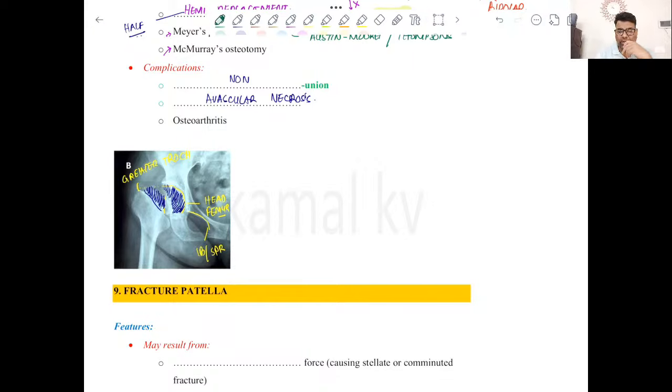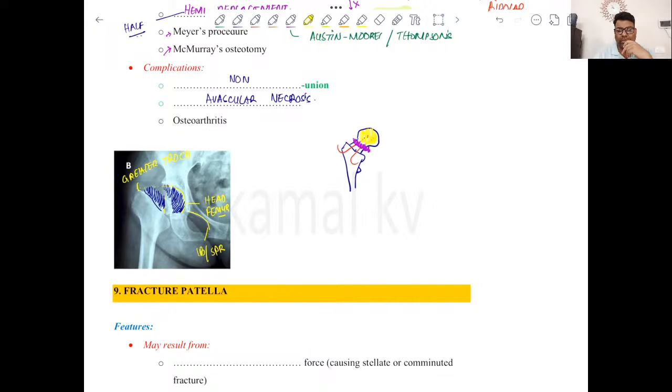And to understand the concept of this AVN, again you have to understand the blood supply of the head of femur, which goes in this manner. So the blood supply goes in this manner, and therefore if the fracture is somewhere here, it can rupture these blood vessels, and this whole part can go into AVN, right?